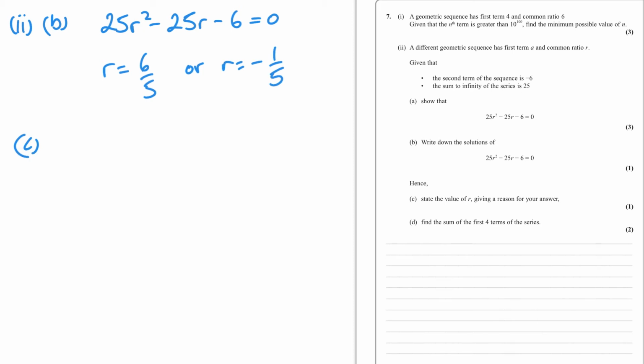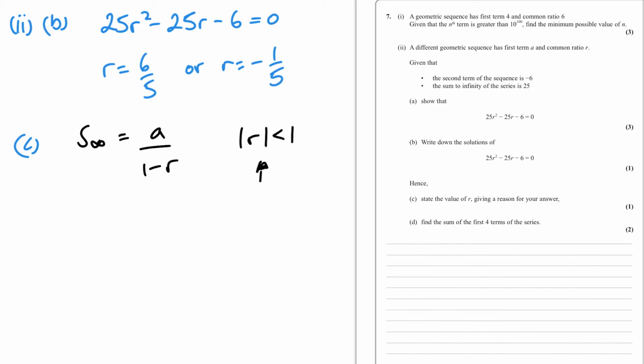Now, for part C, you need to think back to the formula we used, which is the sum to infinity formula. So I'm just going to write it back up in black. So sum to infinity is A over 1 minus R. And there's an additional bit with that, which has this alongside it.